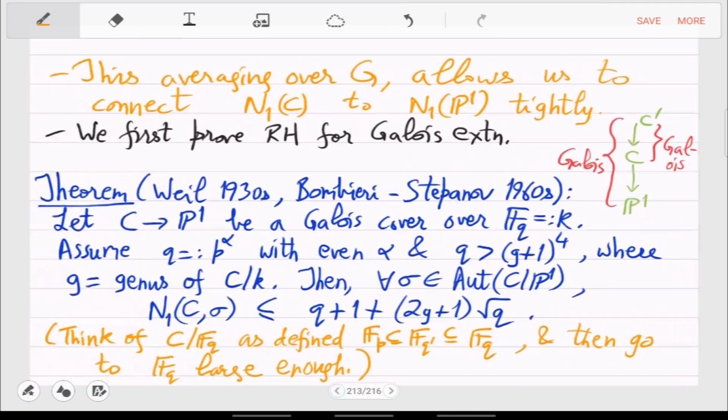It is just that ultimately proving the upper bound with this setting will imply the Riemann hypothesis. This is what we have shown. It will imply the Riemann hypothesis for any curve.